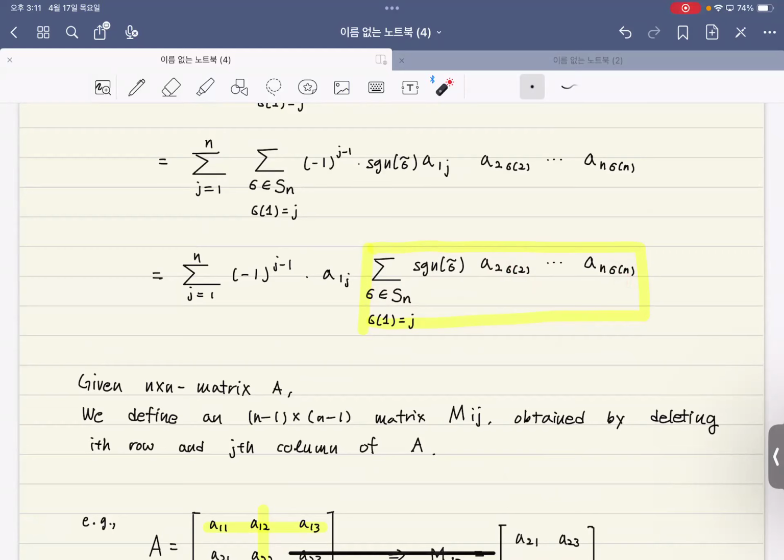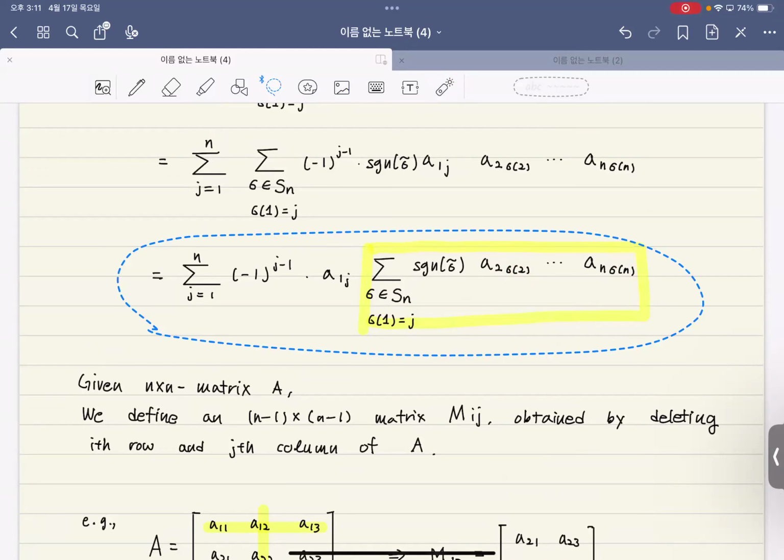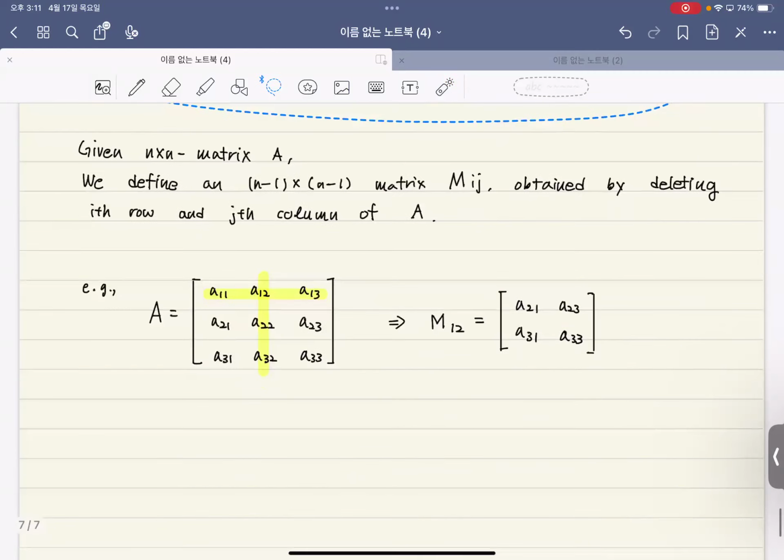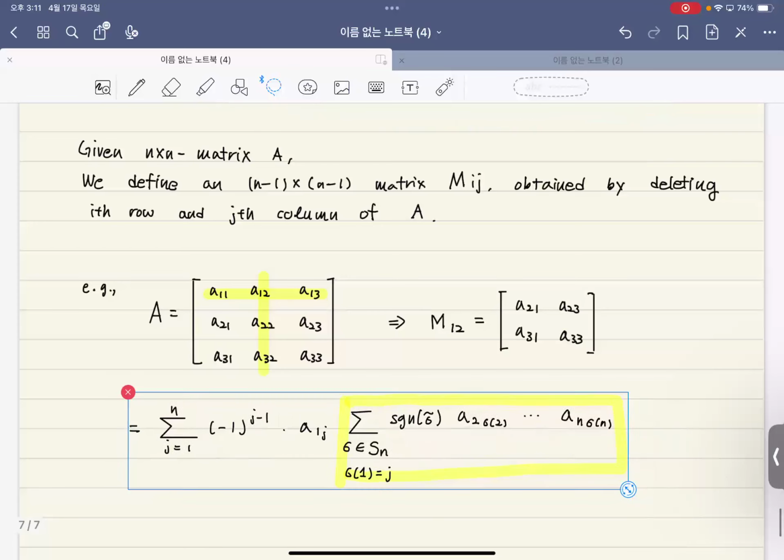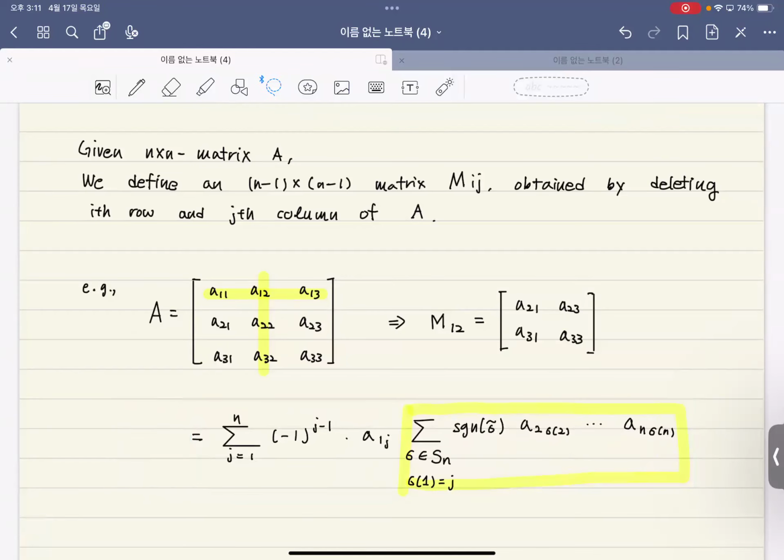Okay, so the determinant of A is, oh, sorry.